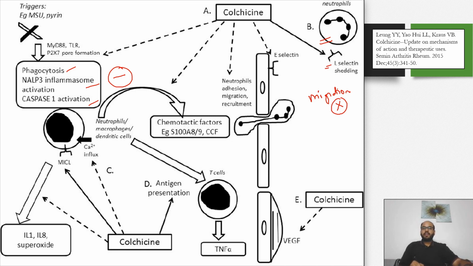All the chemotactic factors are inhibited by colchicine. So no chemotactic factors, no calling of the inflammatory cells. So all of this, it is just to summarize what all colchicine is doing. If you have to write a note, then major action is tubular disruption.